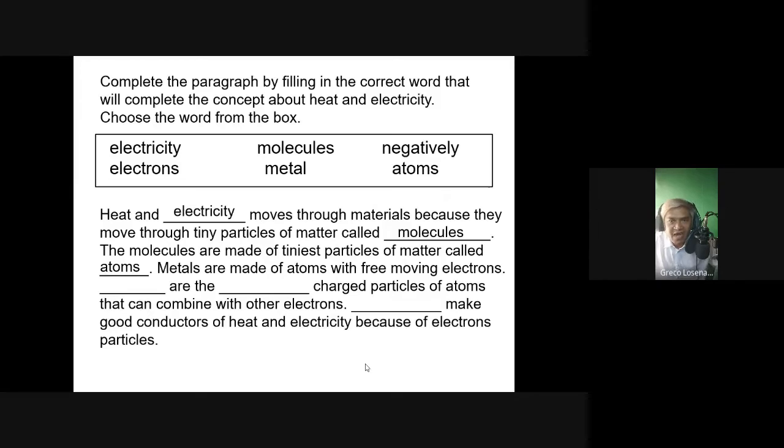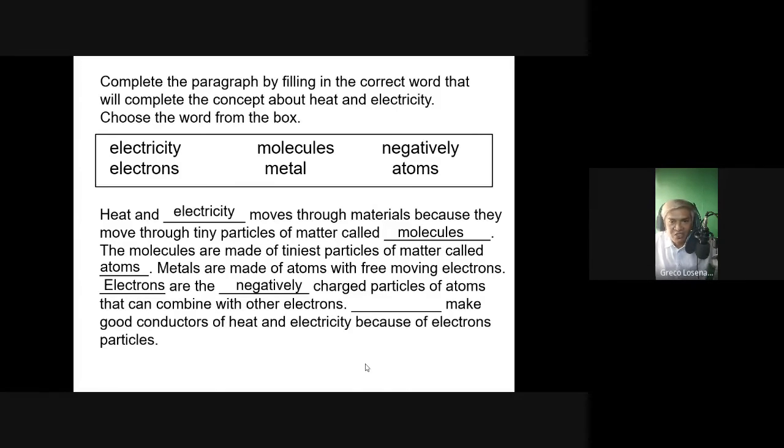Metals are made of atoms with free moving electrons. Blank. What do you think is the word here? Yes, you are correct. It's electrons. Electrons are the blank charged particles. What kind of charged particles are electrons? Yes, you are correct.